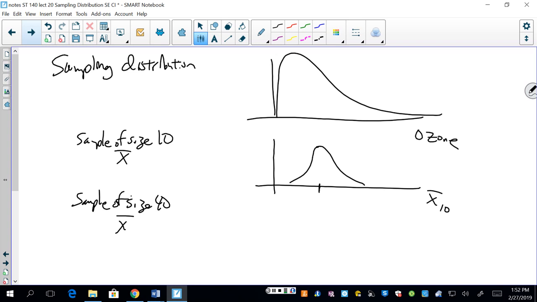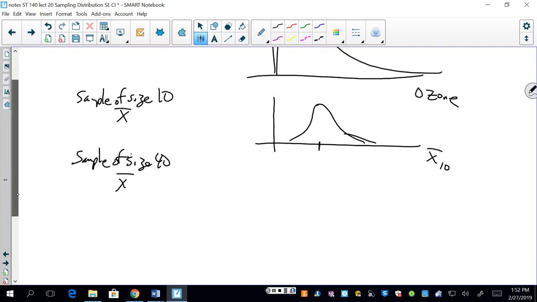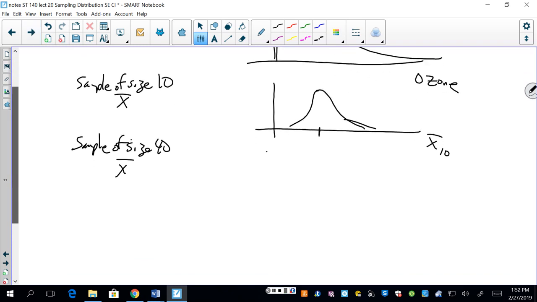And the distribution of X bar is more bell-shaped. Maybe this is a little bit too extreme, and it still is, there's a few big ones out there. If you get a big one in a sample of size 10, it pulls it up and makes it a little bit more extreme. On the other hand, if you took a sample of size 40, we've changed the sampling process to include more data.